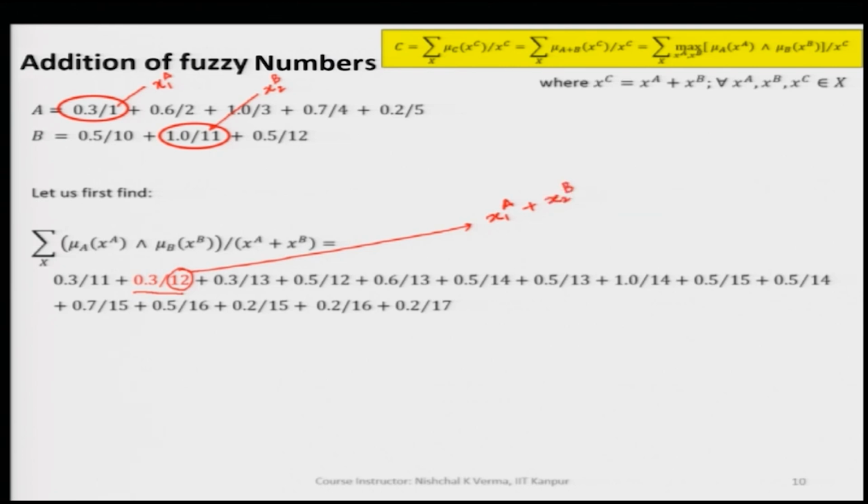So, this way the generic variable values are computed. And now, when we go ahead for other combinations, let us say we are taking 0.3 oblique 1 and 0.5 oblique 12. So, 0.3 oblique 1 is from fuzzy number A and 0.5 oblique 12 is from fuzzy number B. So, we are going to obtain here out of these two.